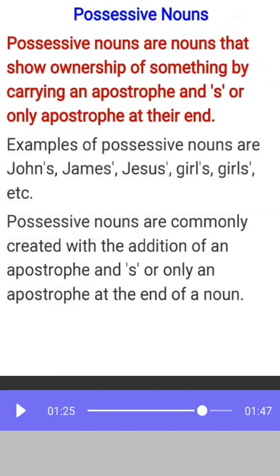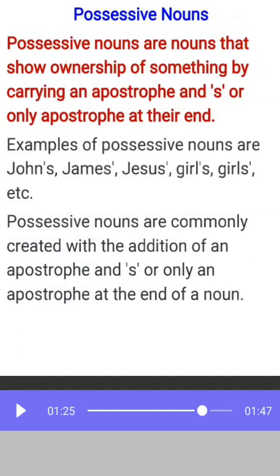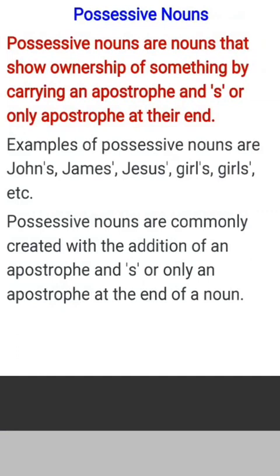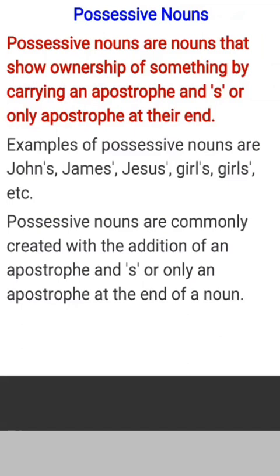Possessive nouns are nouns that show ownership of something by carrying an apostrophe and s or only apostrophe at their ends. And so nouns that show ownership of something, possession of something, by carrying only apostrophe or both apostrophe and letter s at the end, we refer to them as possessive nouns.